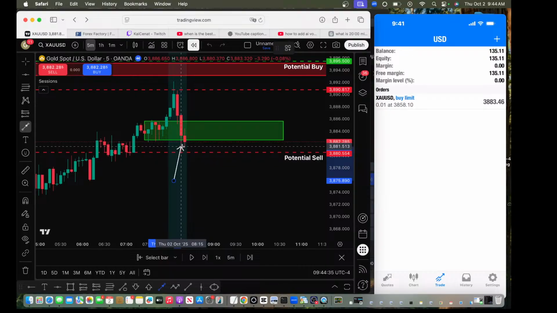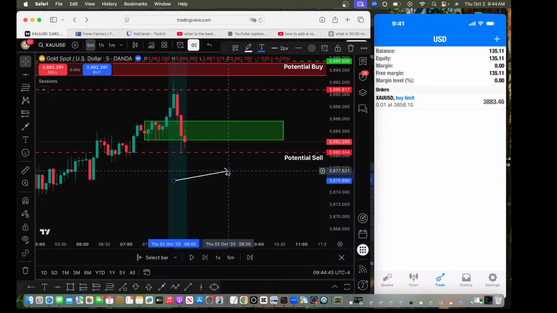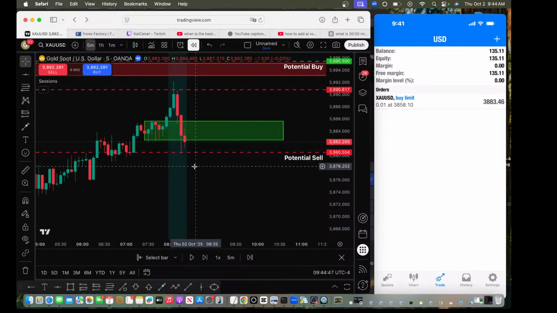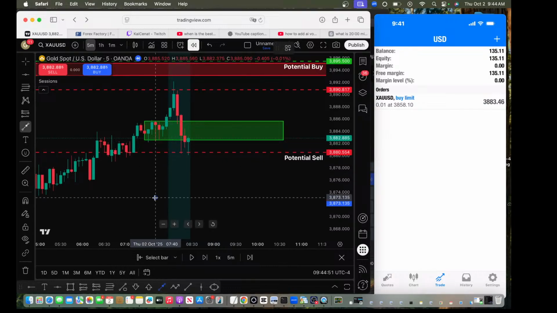Be careful. Also, this is a warning because as you can see, we are coming up to a very strong area of resistance. Cool. Then the next candle that happened is what's called a false breakout candle or false indication, right?